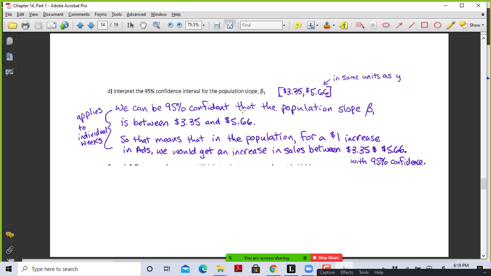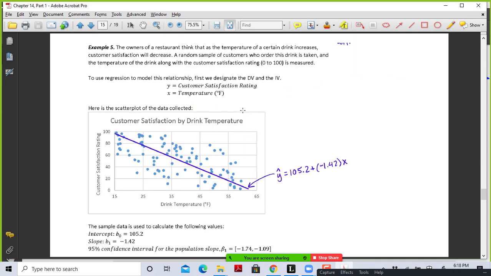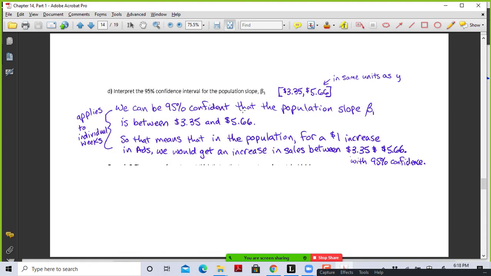We have all done this in the lectures that Professor Sands has given for chapter 14. So it should be pretty clear what the interpretation of the slope is. The confidence interval will give the range, and I have to give you the confidence interval if I ask you a question like this. All right?